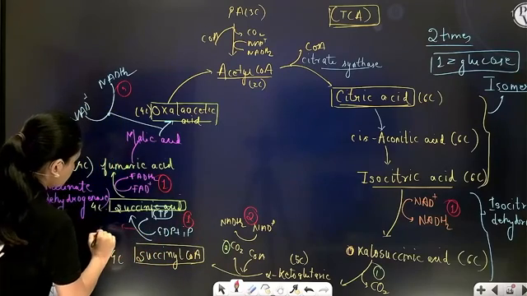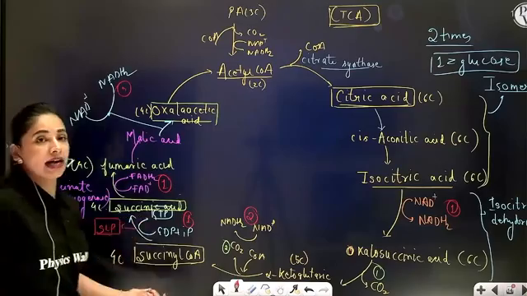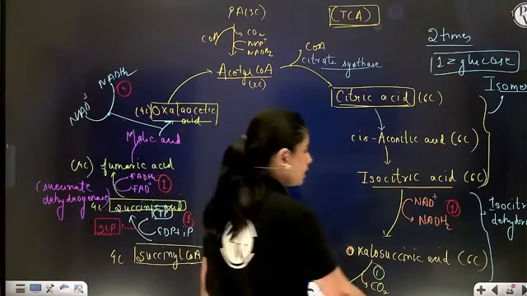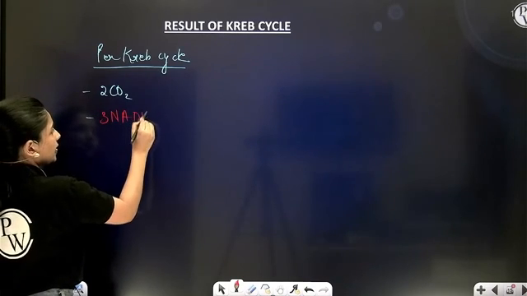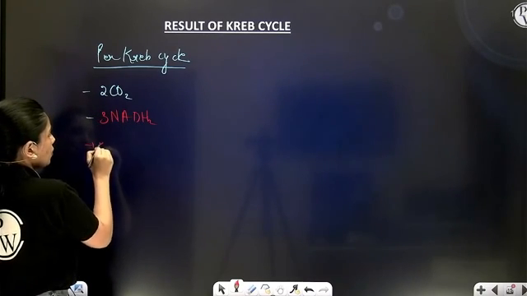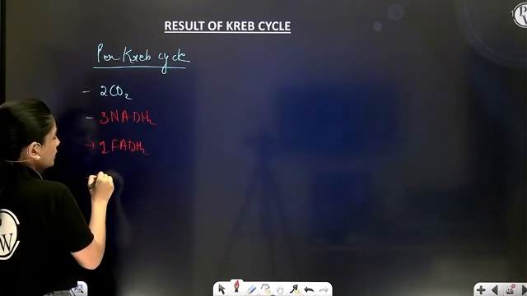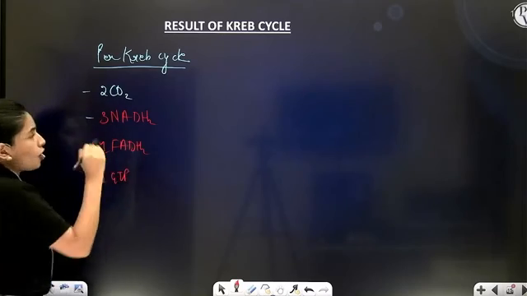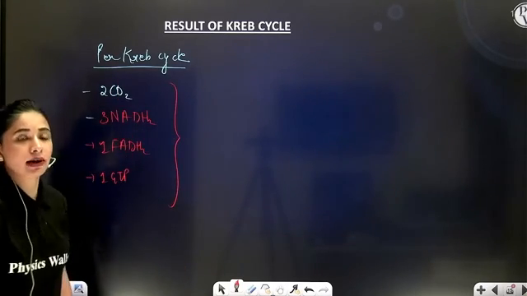This reaction is known as SLP. Don't forget that. And 1 GTP we have obtained per Krebs cycle. So 2 CO2, 3 molecules of NADH2, 1 molecule of FADH2, and 1 direct source of energy in the form of GTP. These things we have obtained per Krebs cycle.